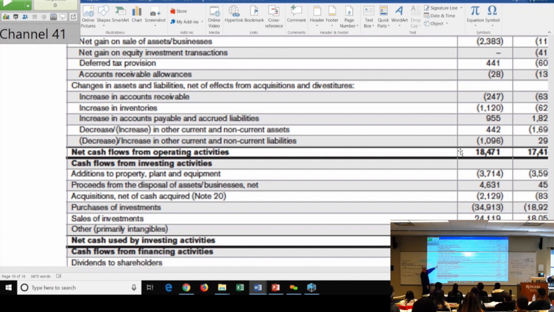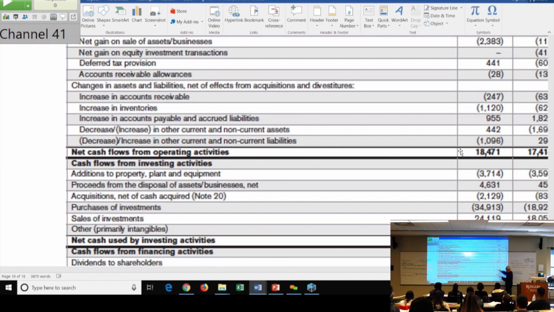Plant assets, investments in securities. So if I add to property, plant, and equipment, it uses cash flow, correct? If I buy more plant, I use cash. If I dispose plant, if I sell it, that provides cash. That adds to my cash flow. Purchase investments, go out and buy securities. That's going to use up cash flow. And if I sell those securities, I'm going to have cash inflow.